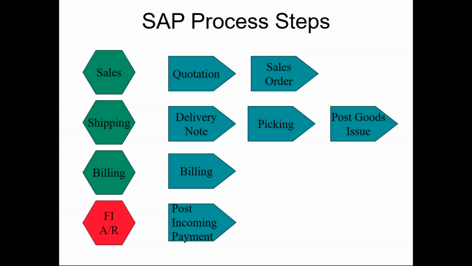Most clients go directly with the sales order. But still, for knowledge purposes, we will discuss what is enquiry, what is quotation, and what is the sales order. So at a very high level, SAP SD is classified into sales, shipping, and billing. What are the responsibilities in the sales?